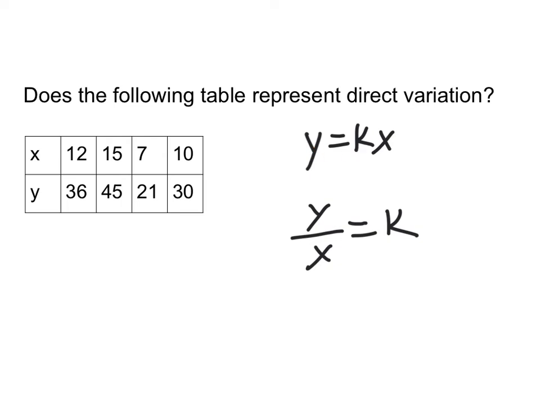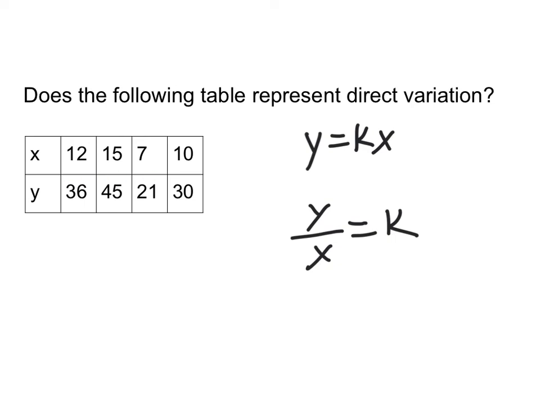All we've done here is divide the original by x. So on the left, you have y divided by x equals k, because the x's canceled each other out. But just know that y divided by x equals k also represents direct variation. And we can use that when we're given a table like this to determine if the table represents a direct variation.